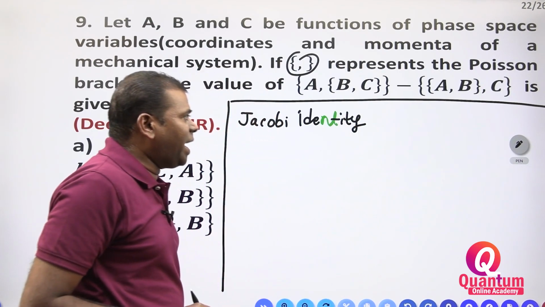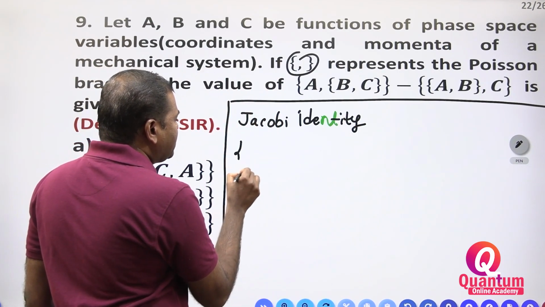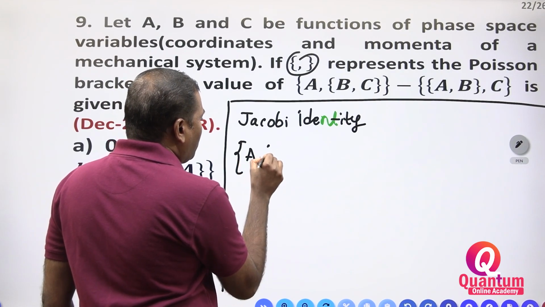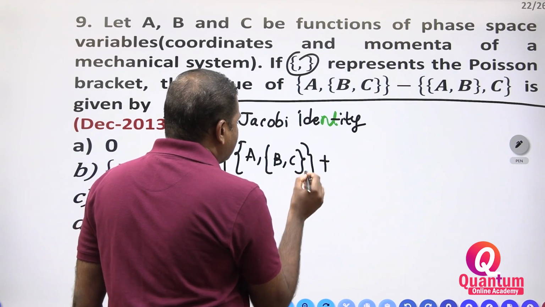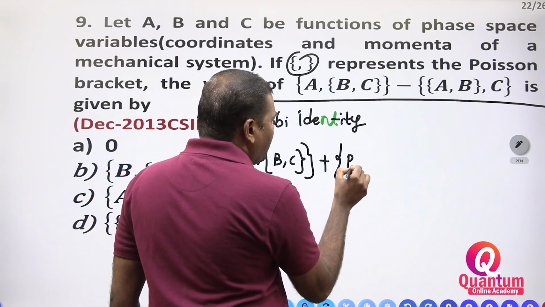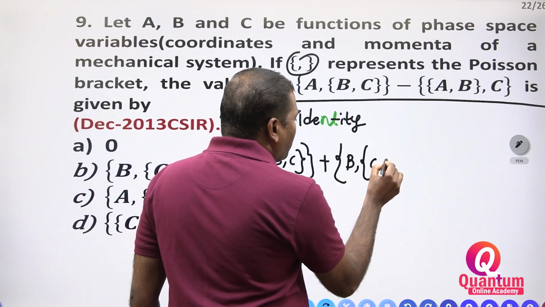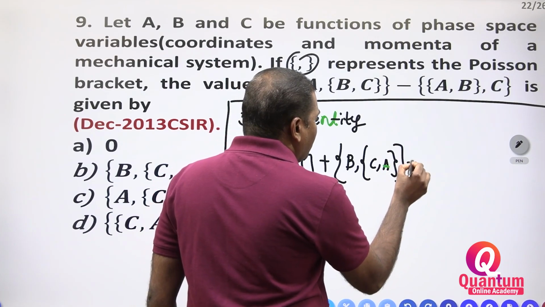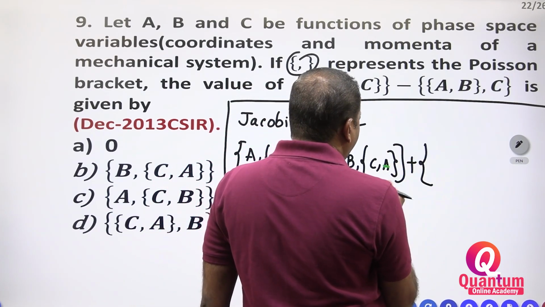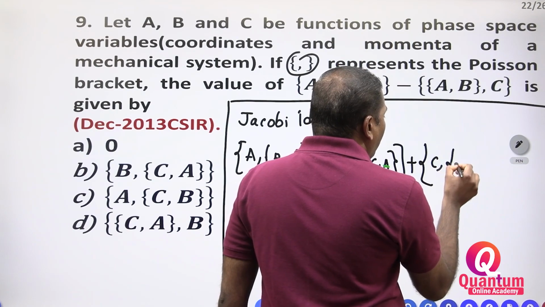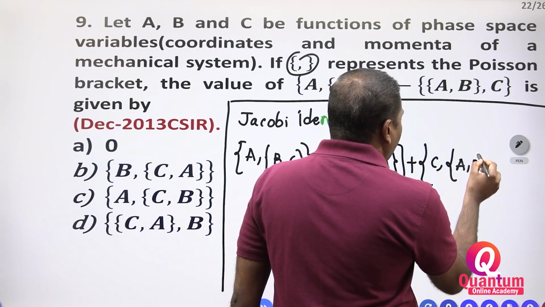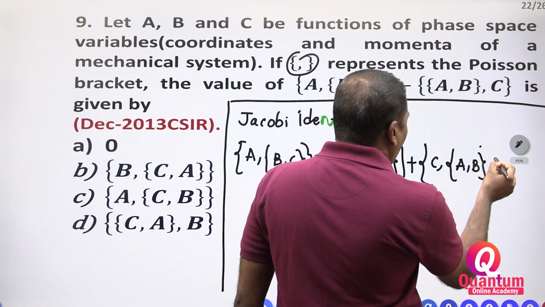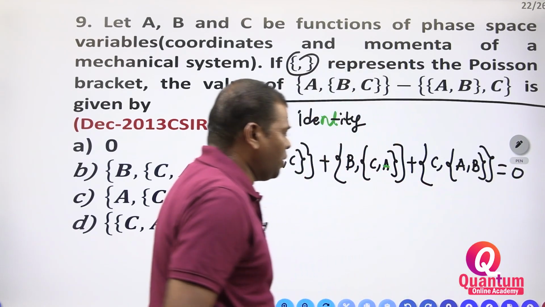From the Jacobi identity: Poisson bracket of A comma Poisson bracket of B comma C, plus Poisson bracket of B comma Poisson bracket of C comma A, plus Poisson bracket of C comma Poisson bracket of A comma B is equal to 0.